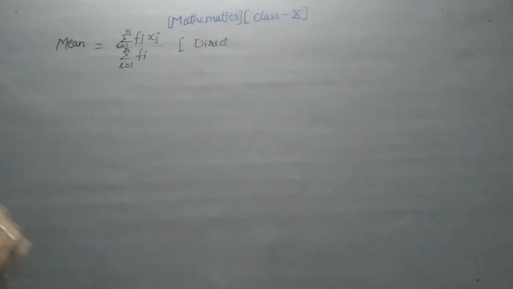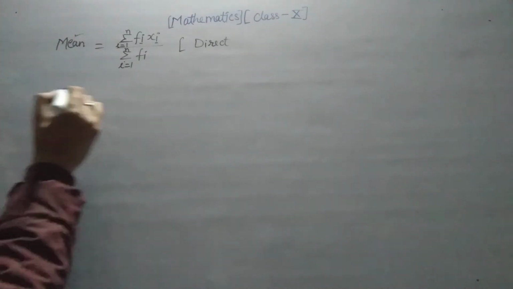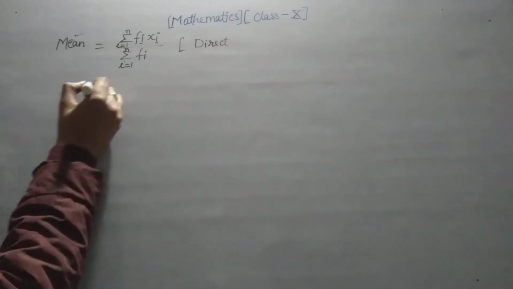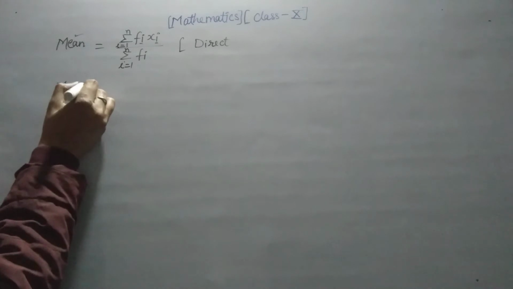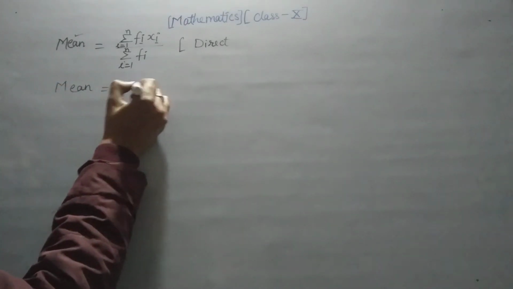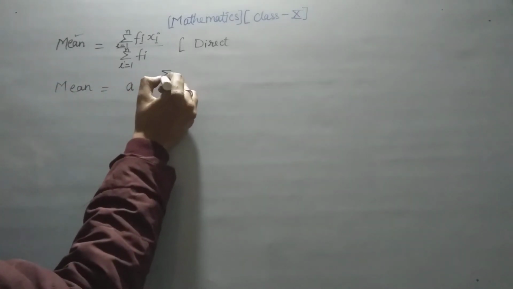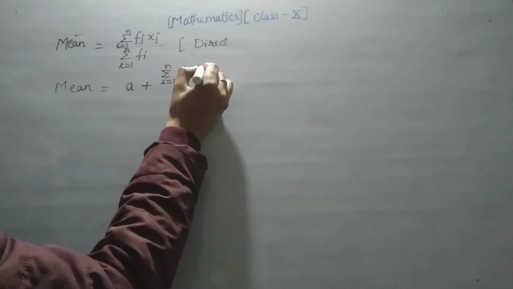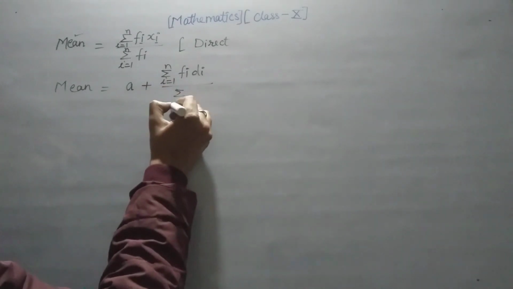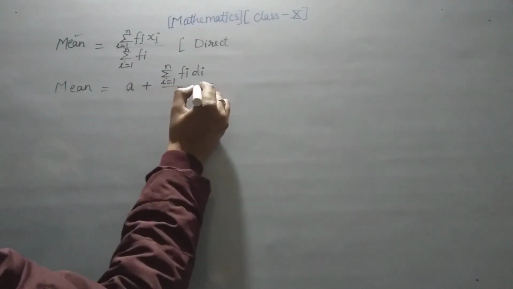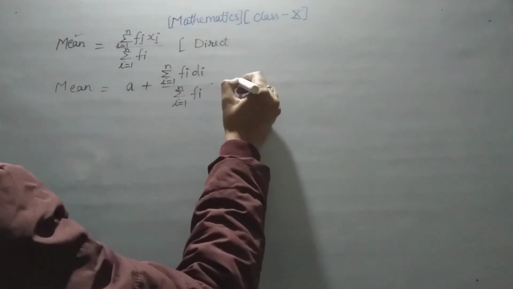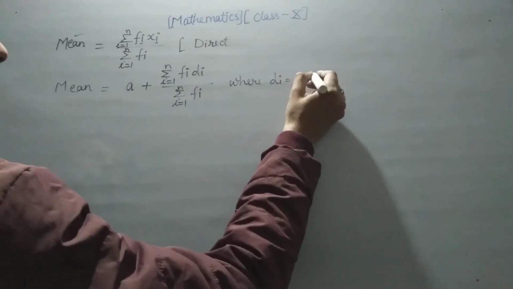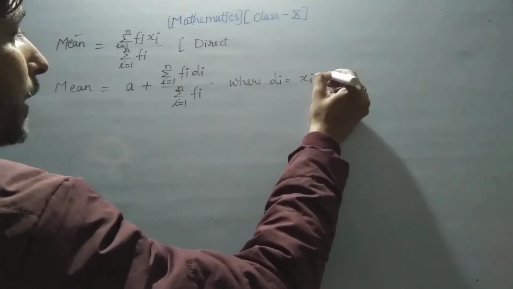Now the next method for finding the mean is the assumption method. In the assumption method, mean is equal to a plus summation i from 1 up to n fi di upon summation i from 1 up to n fi, where di is equal to xi minus a.